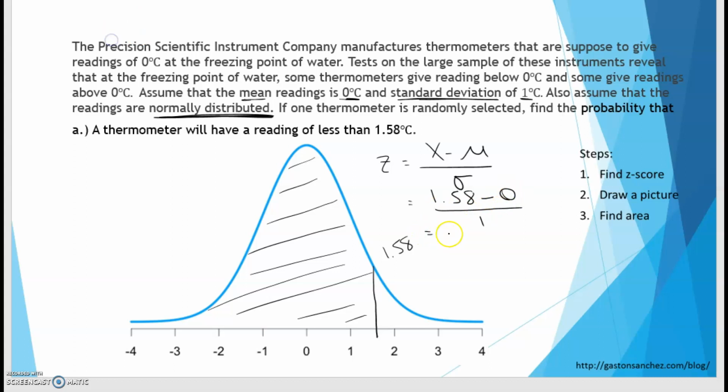Well, that's the same thing as 1.58. So here, your x values are the same thing as your z-scores. That was because we already had a mean of 0 and a standard deviation of 1, and those were the things that we needed to have a standardized distribution.